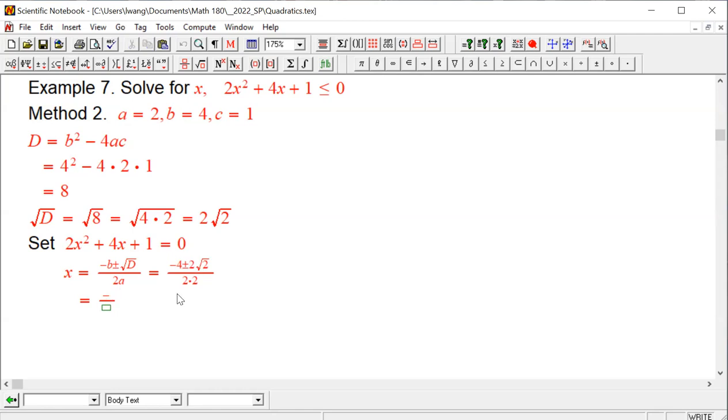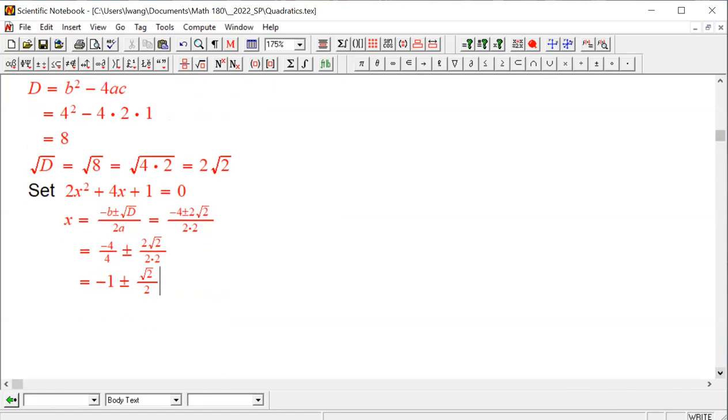Negative 4 divided by 2 times 2, which is 4, plus or minus 2 times root 2 divided by 4, or 2 times 2. Simplify it, and what do we get? Here we get negative 1 plus or minus, and one of the 2s is reduced.